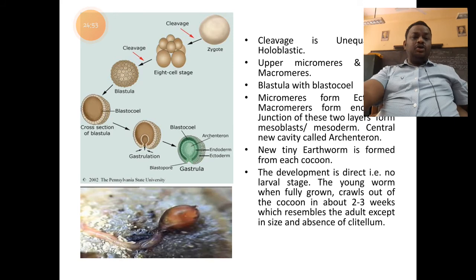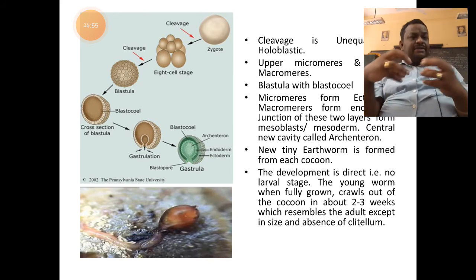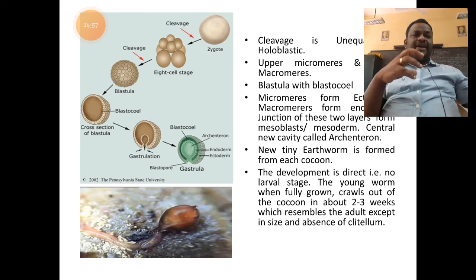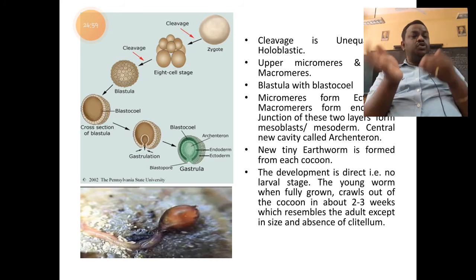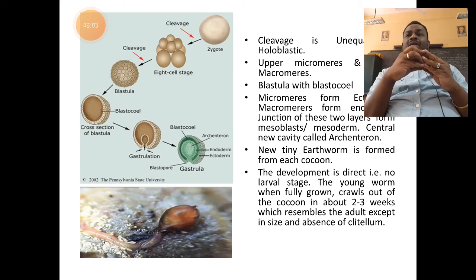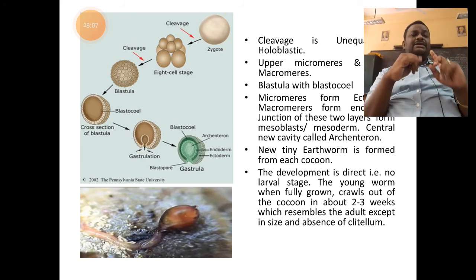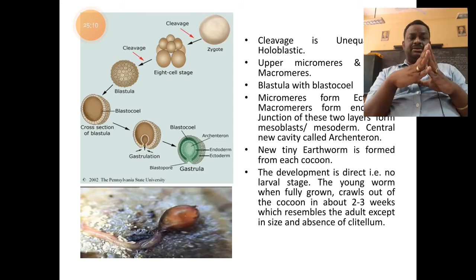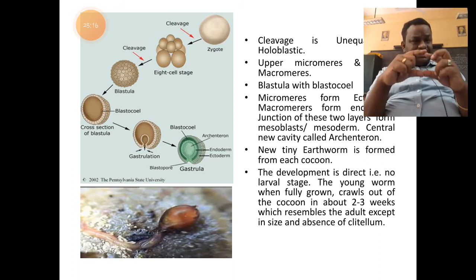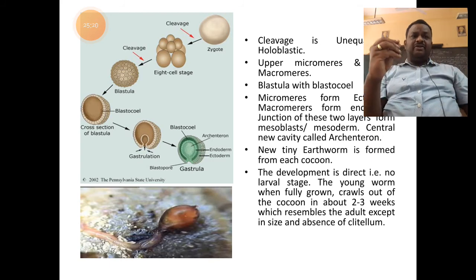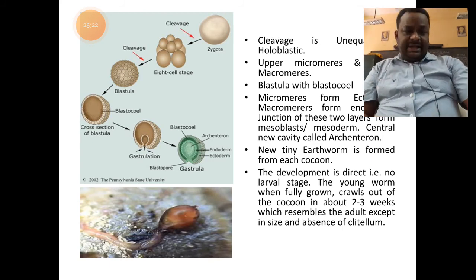So, young earthworm, when fully grown, crawls out of the cocoon in about 2 to 3 weeks of time, which will resemble by all means the structure of an adult except for two important details. Number one, the size. Number two, absence of clitellum. So, size is very tiny, clitellum is absent, such is the structure of a tiny earthworm that comes out.